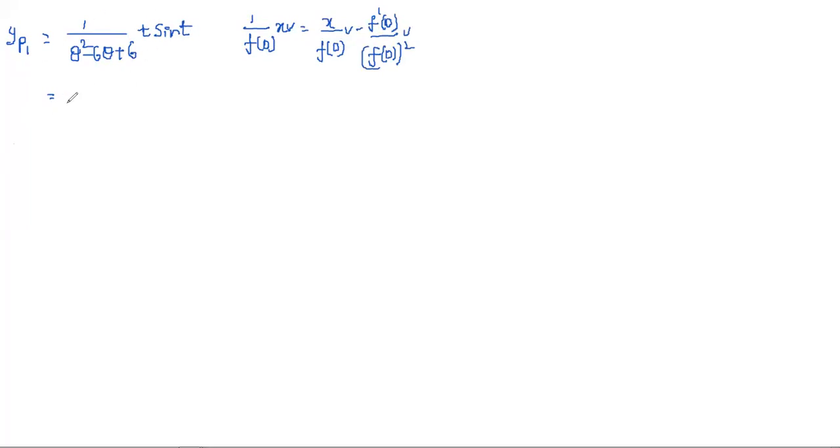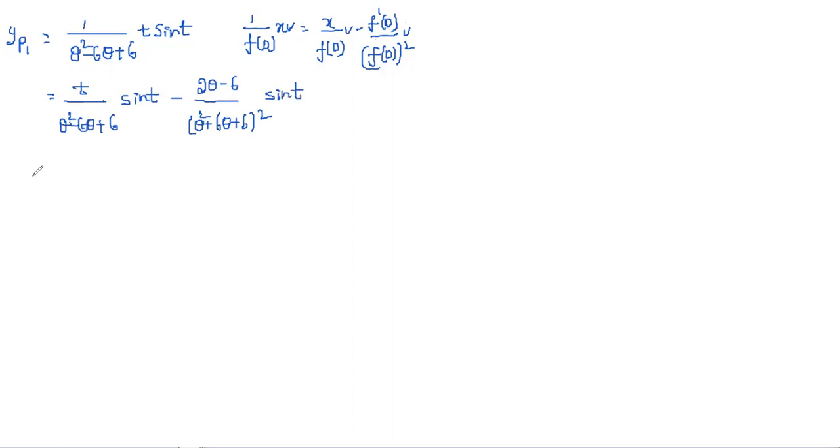So here, if you apply the formula, what will we get? t by theta square minus 6 theta plus 6 into sine t minus f dash of D, which is nothing but the derivative of this one, 2 theta minus 6, 2 theta minus 6 by f of D whole square. That is nothing but theta square minus 6 theta plus 6 whole square into sine t.